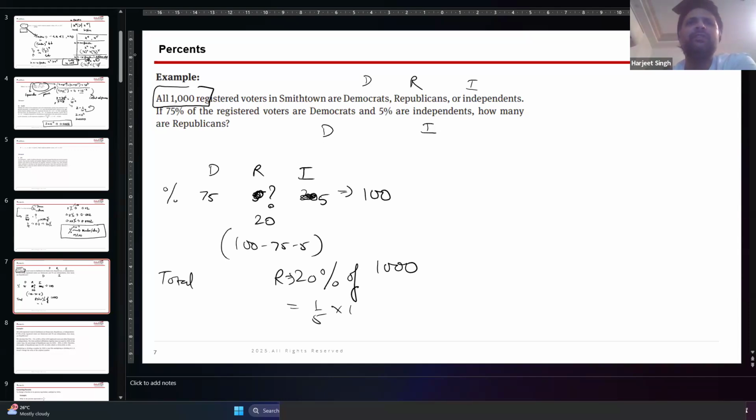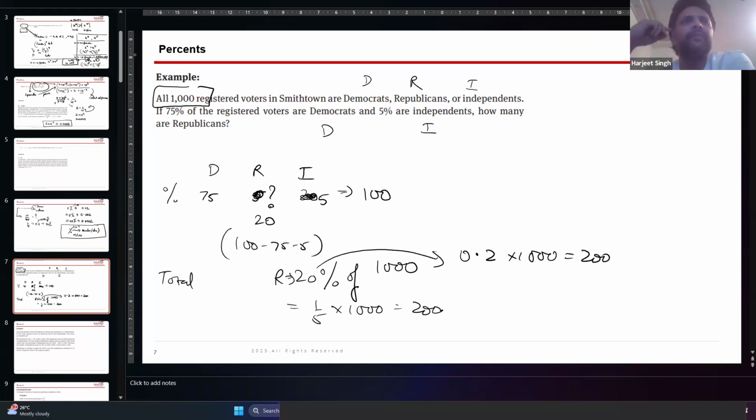So 1 by 5 into 1,000 is 200. Or you can also do 20% is 0.2 into 1,000, that is 200. So 750 Democrats, 50 Independents, and 200 Republicans.